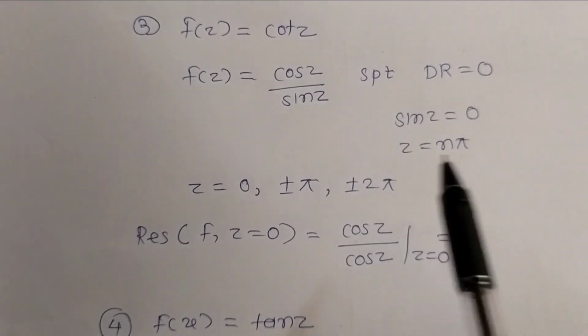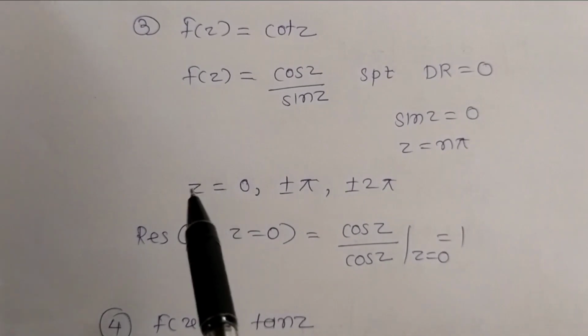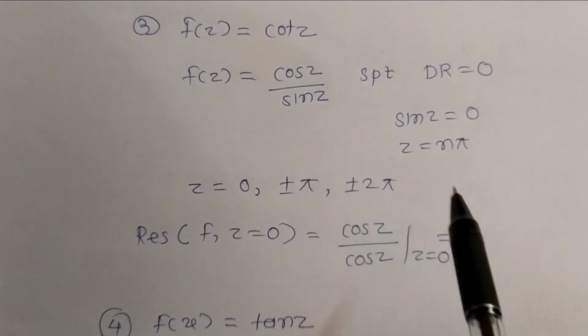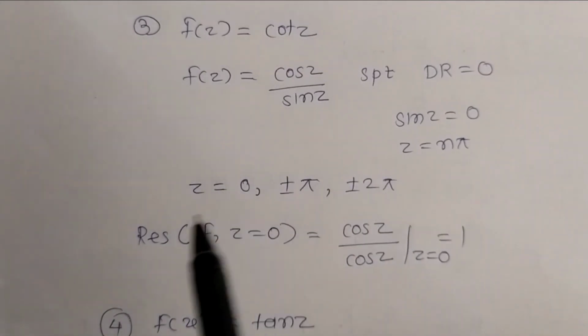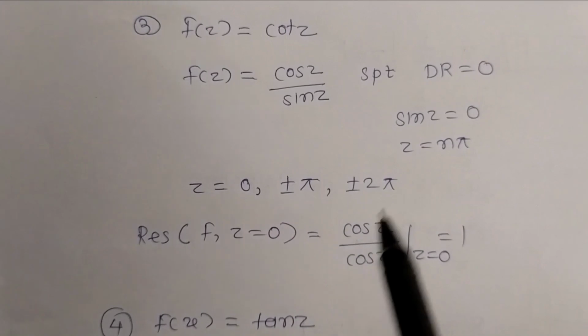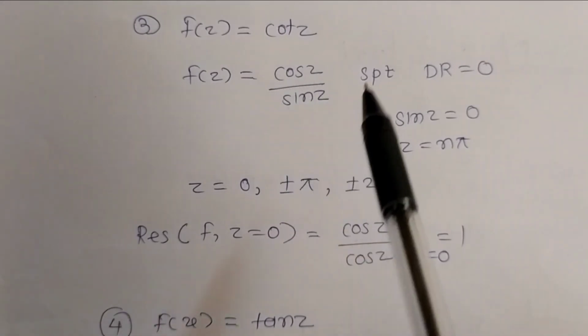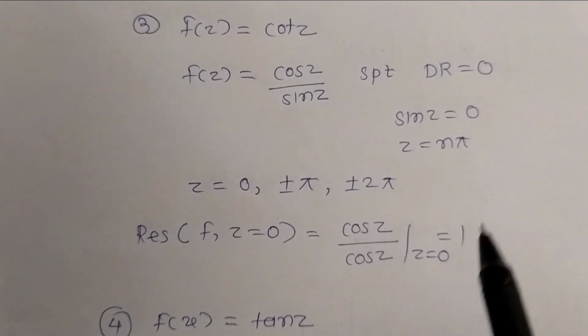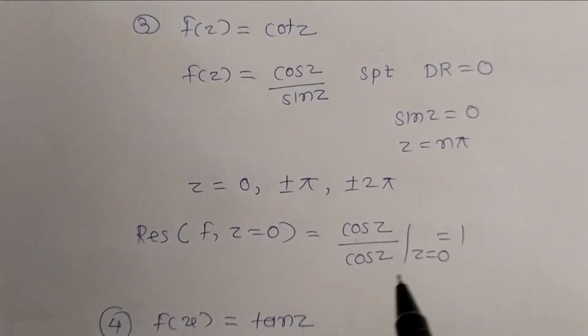So z is equal to n pi, that is z is equal to 0, plus or minus pi, plus or minus 2 pi. These are the values of z. When we keep first z is equal to 0, we have cos z, and the differentiation of sin z is cos z. This becomes 1 when z is equal to 0. So this residue is 1.